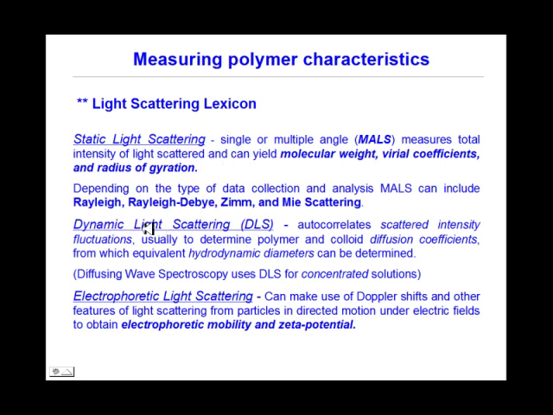And we use dynamic light scattering, which autocorrelates scattered intensity fluctuations, usually to determine polymer and colloid diffusion coefficients, from which equivalent hydrodynamic diameters can be determined. Electrophoretic light scattering can make use of Doppler shifts and other features of light scattering from particles in direct motion under electric fields to obtain electrophoretic mobility and zeta potential.